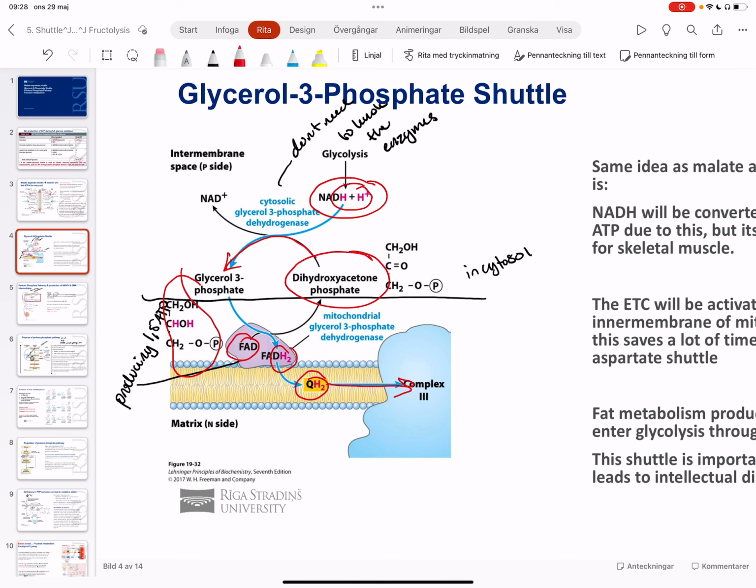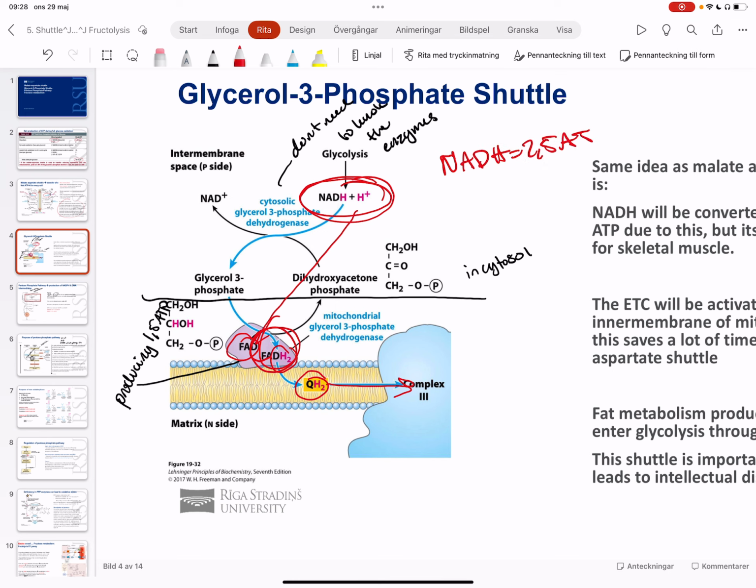What's important to know here is that from glycolysis we have an NADH that has been converted into FADH2. And remember that NADH gives us 2.5 ATPs from the electron transport chain, and FADH2 will give us 1.5 ATP.